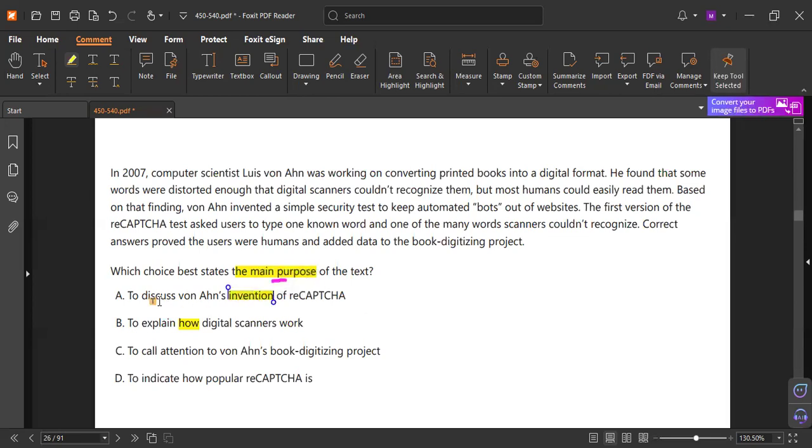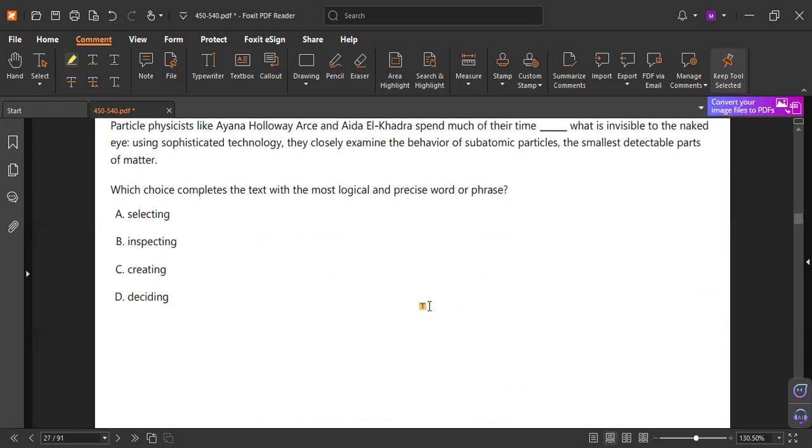Or he discussed the invention, or to indicate how popular. I'm not talking about popularity or how it became popular. See that? So here it tells you what the invention is exactly. Feel it? Yes. So it's letter A, correct. So main purpose, what is most explained in the text. That's why. Let's try the next.